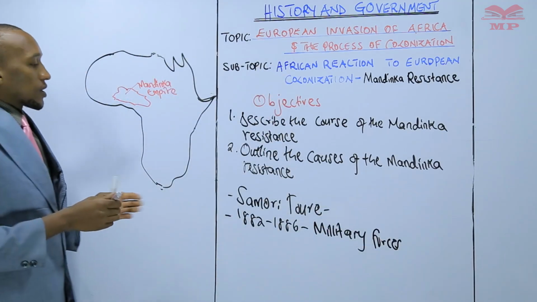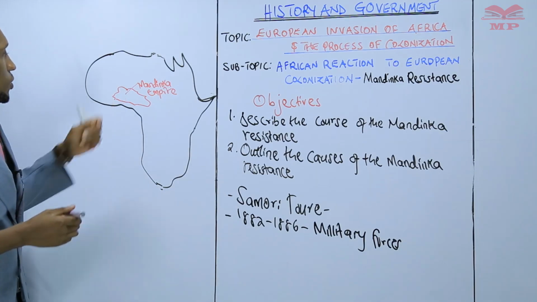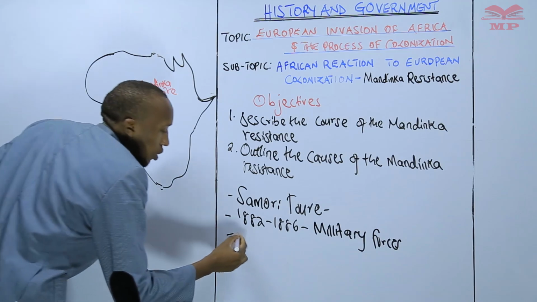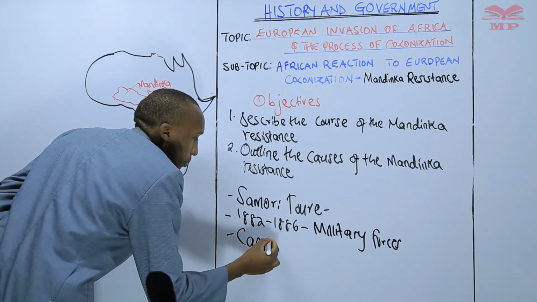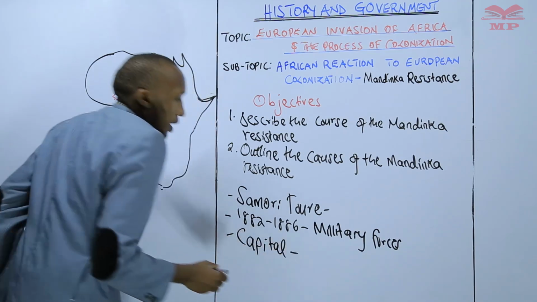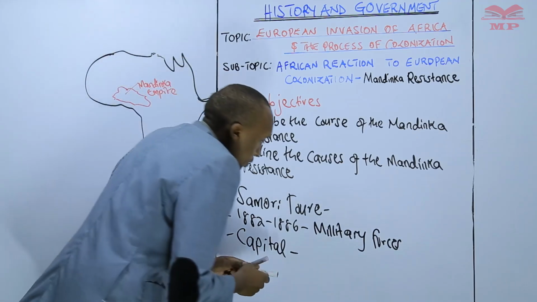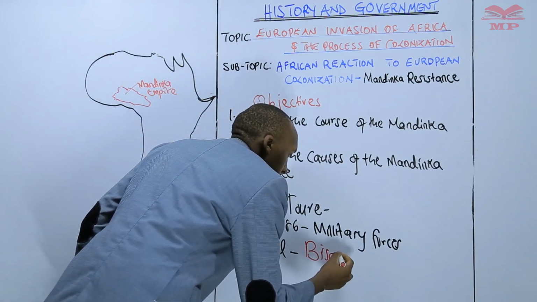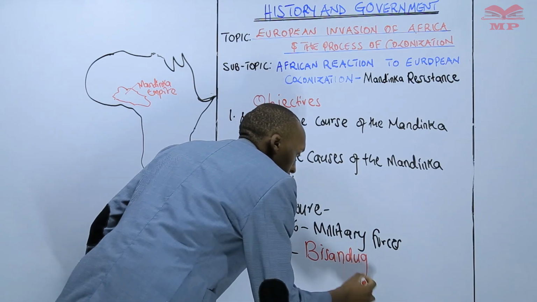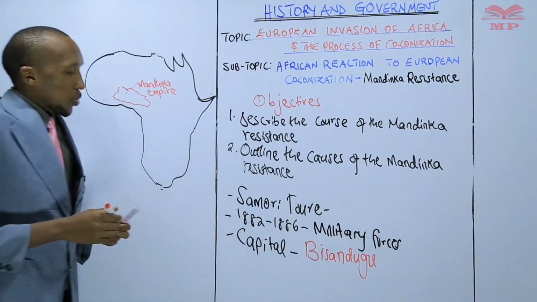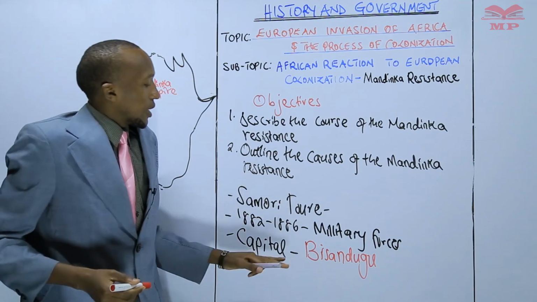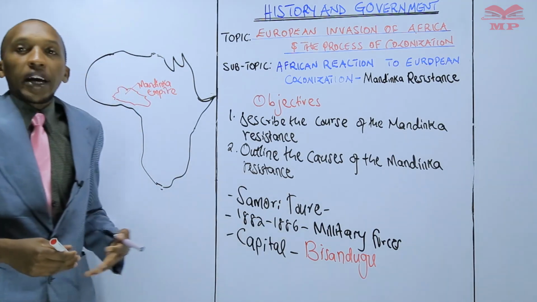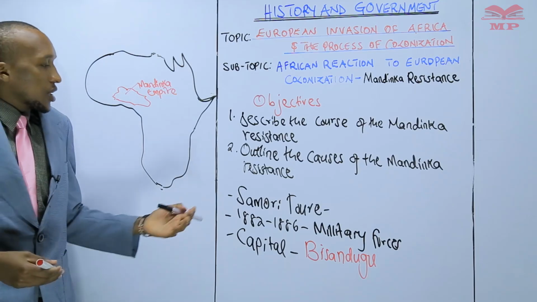So Samori Toure made a capital in the Mandinka Empire. His capital was at a place known as Bisandugu. That was where Samori Toure made his base of operation. This is where he organized all the trade activities.